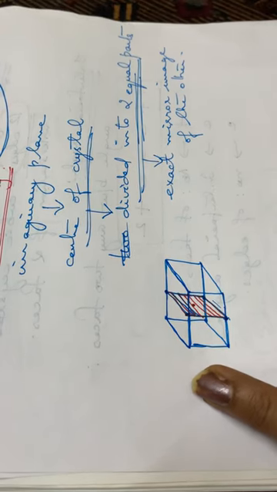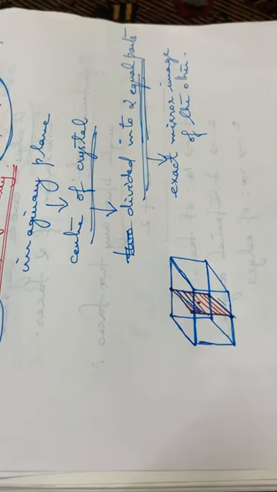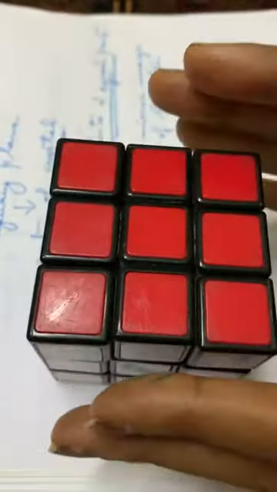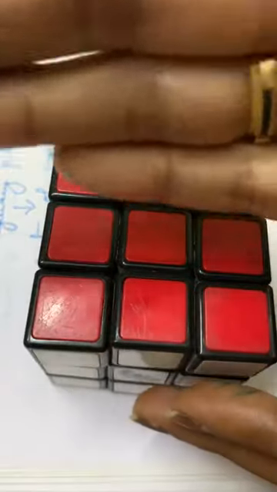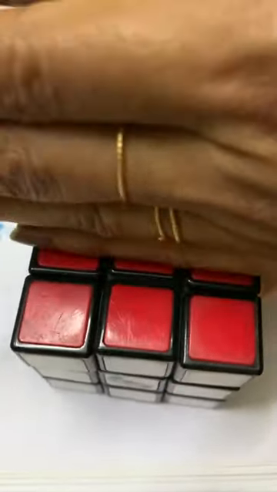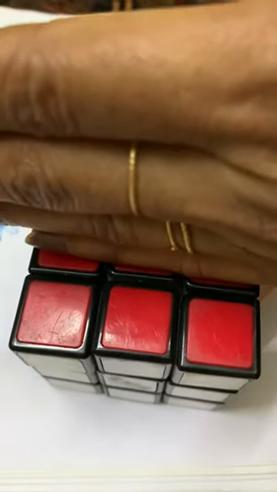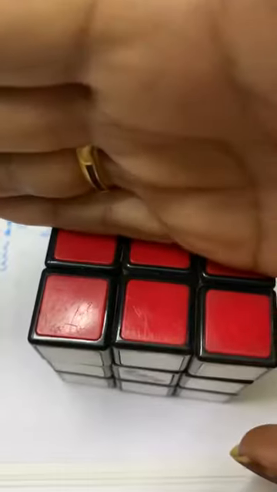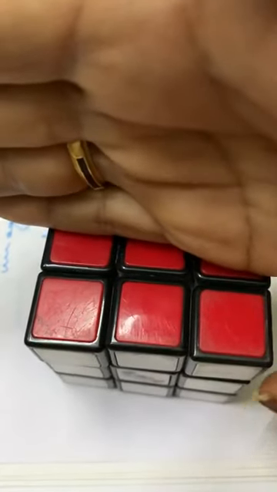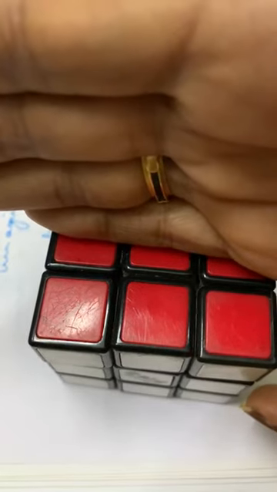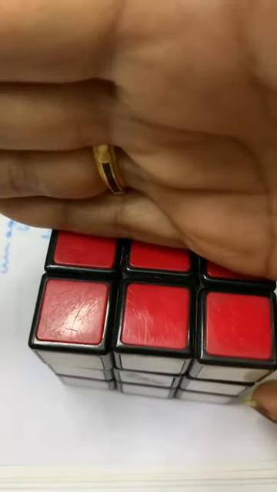Hope you understand this plane of symmetry. Again, I will show you with the help of a cube. Suppose this is a cubic crystal, and I am cutting this cube into two equal halves. The plane which cuts the cube is like this. If we cut this cube at this plane, it will be cutting through the center of the crystal into two equal halves.